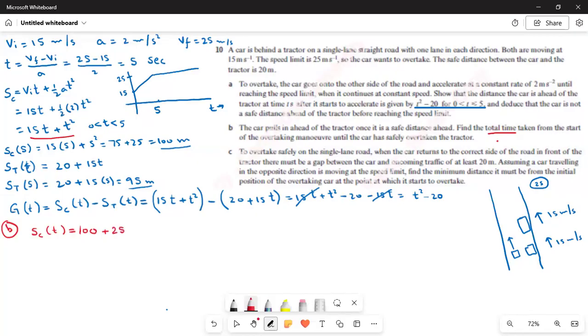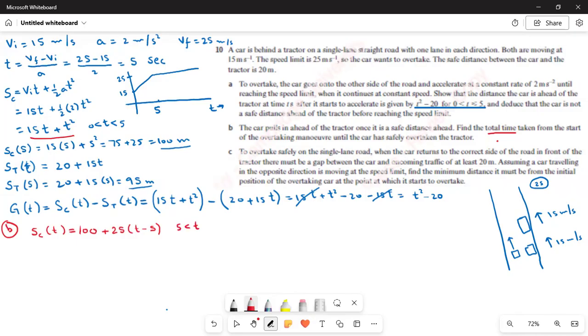So 25 times t minus 5, because we are talking about the next seconds after 5. Let me confirm with my solution. Yes. So this is when t is more than 5 seconds.